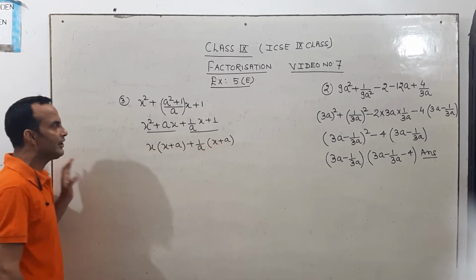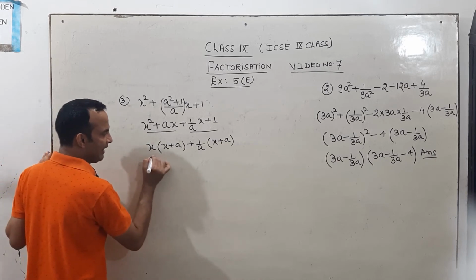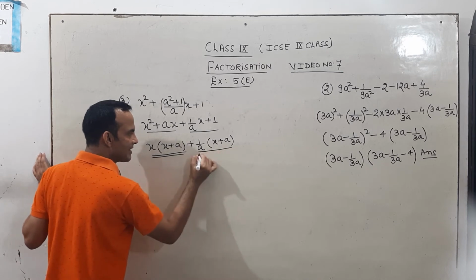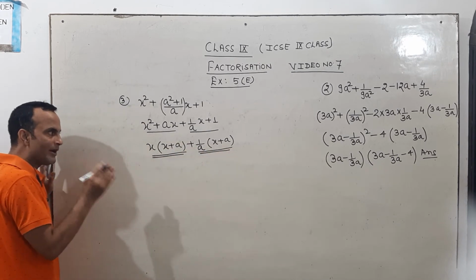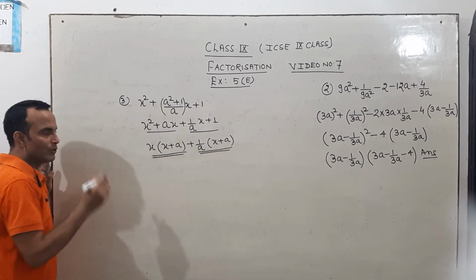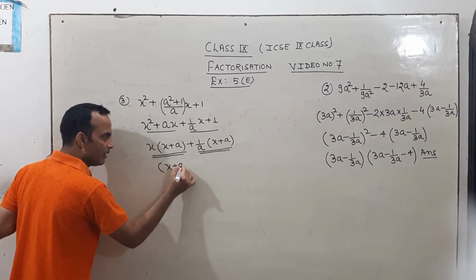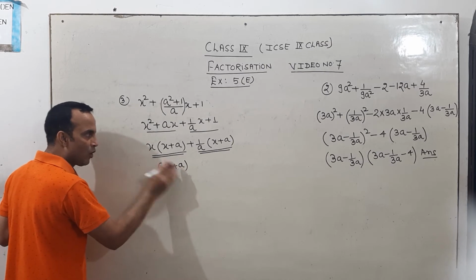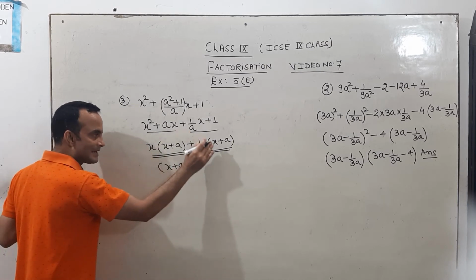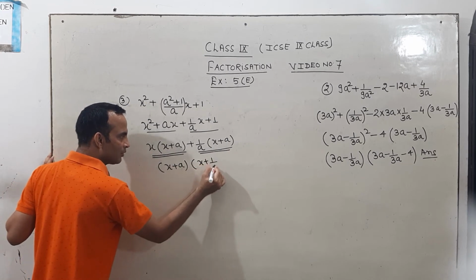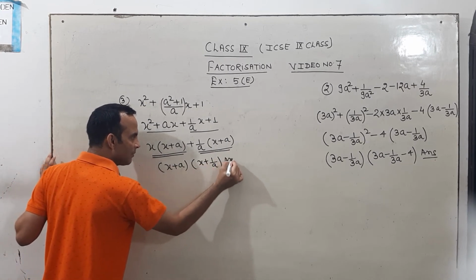Now dear students, see, once again, if this is the first section and this is the second section, see what is common in between both of these sections. You can see x plus a is common. Now taking common x plus a. After taking x plus a common from this expression, we obtain what? X plus 1 upon a. So this is the required answer of this problem, dear students.